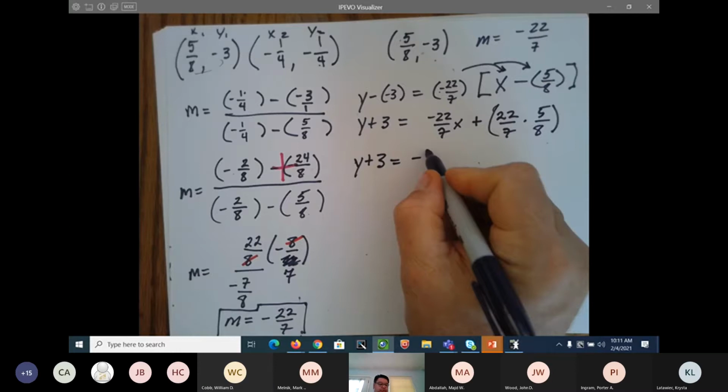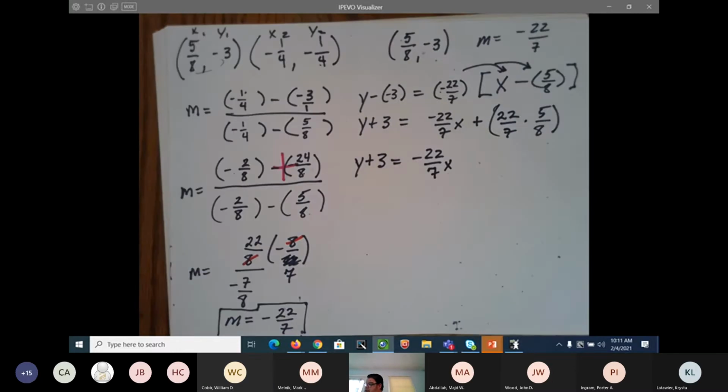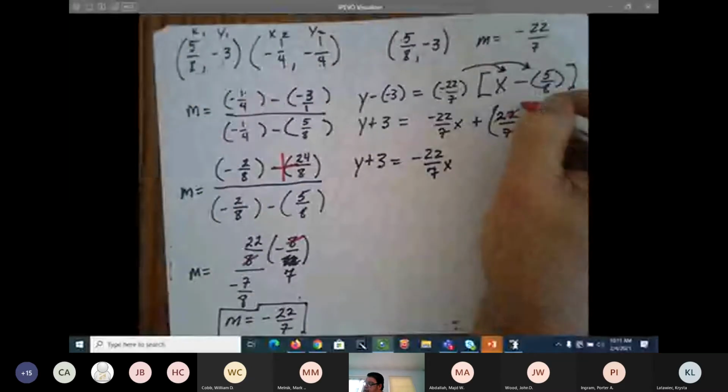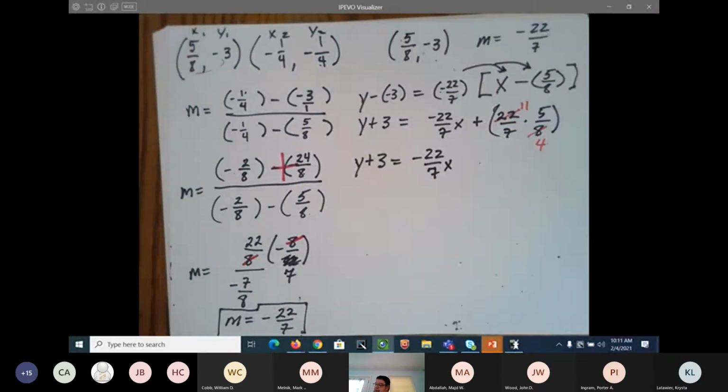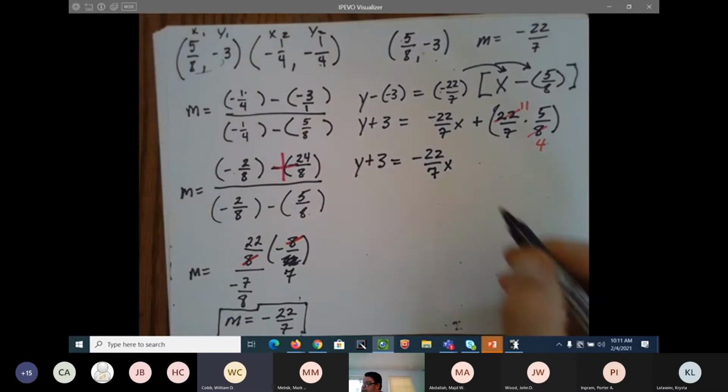Well, I'm going to use my red marker. And 2 will go in there 4 times. And 2 will go in there 11 times. So that's going to be plus 55/4.